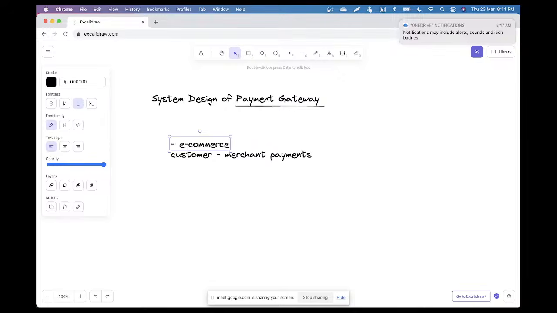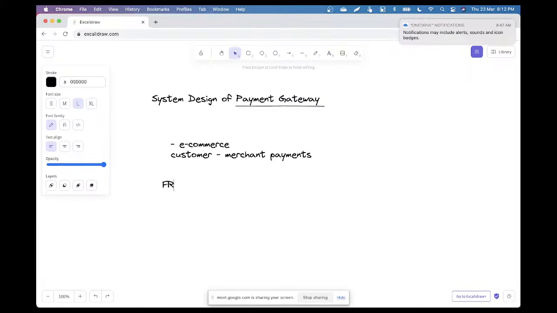So these are a few of the highlights of a payment gateway system. Now let's take an example of Paytm, and let's discuss the design of a payment gateway looking at Paytm as a reference. Paytm, or any payment gateway, has the following key functions.